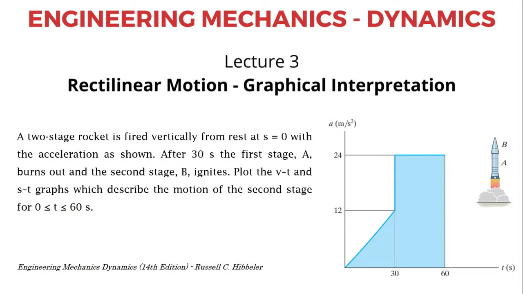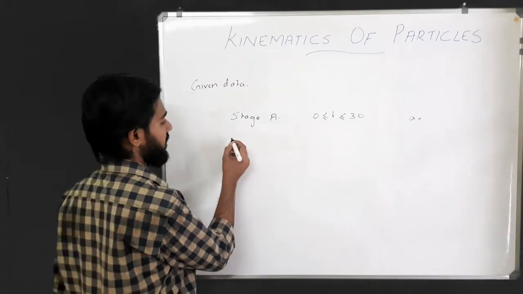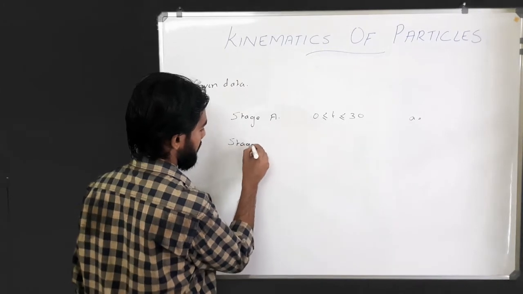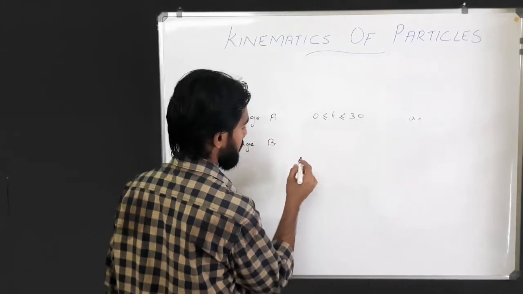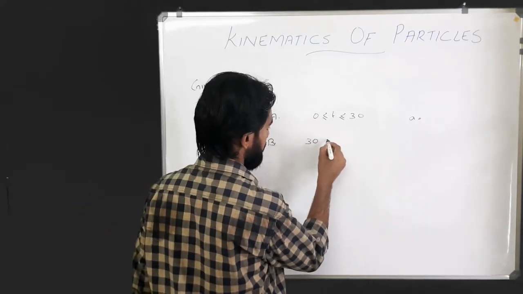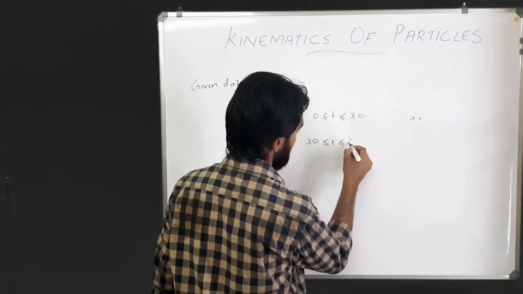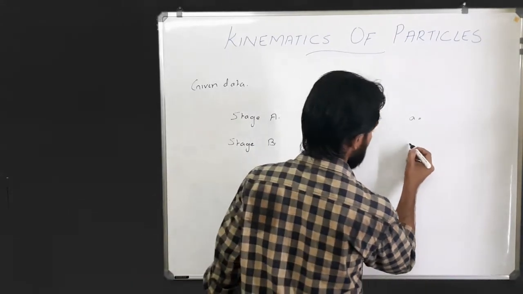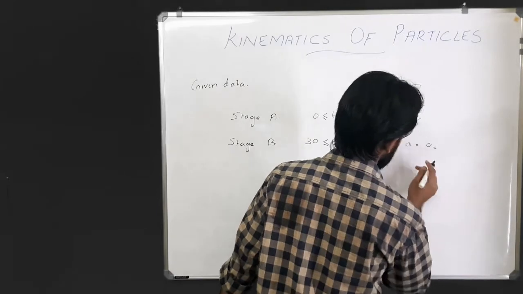The acceleration increases constantly from 0 to 12 meters per second squared. For the second stage, that is between 30 and 60 seconds, the acceleration is constant.